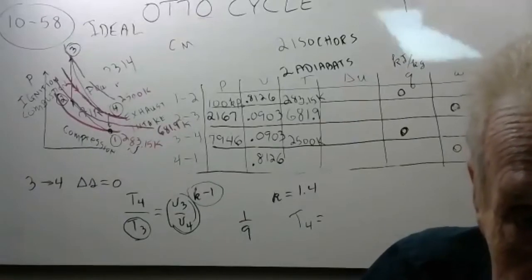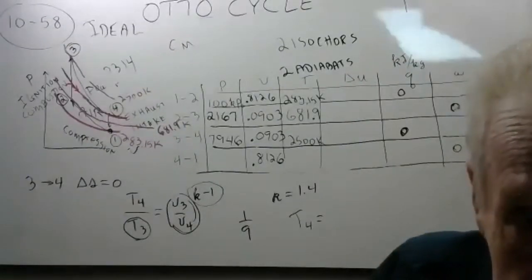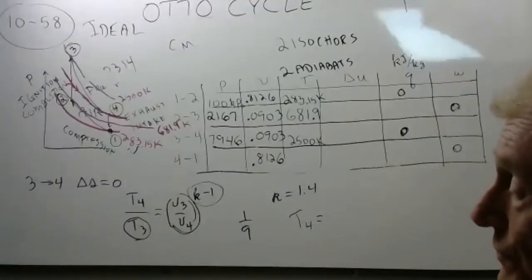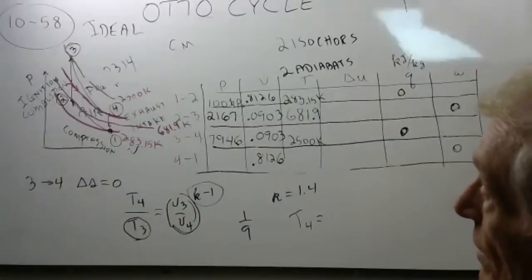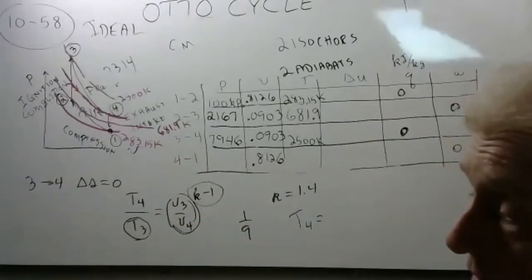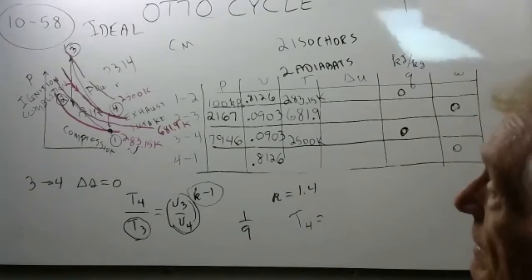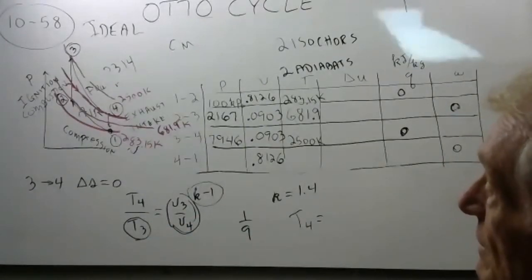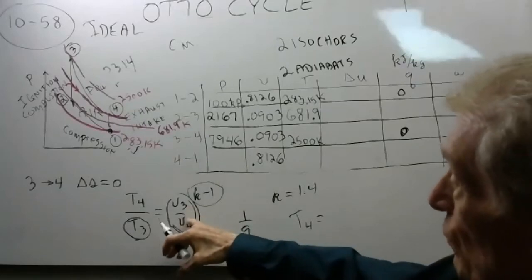Yes, sir. Or if you're lazy like me, Bear, we know it's 1/9. Remember, the compression ratio was 9, and so when you flip it, it's 1/9. I was just lazy. I just put in 1/9.